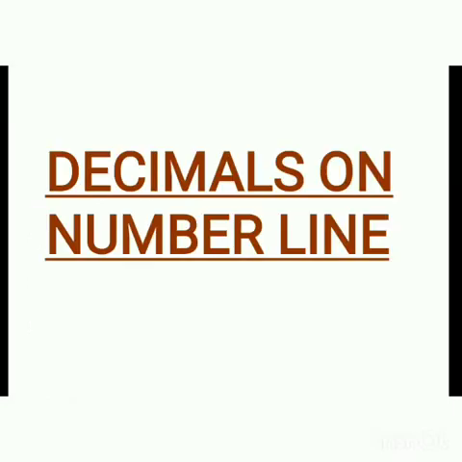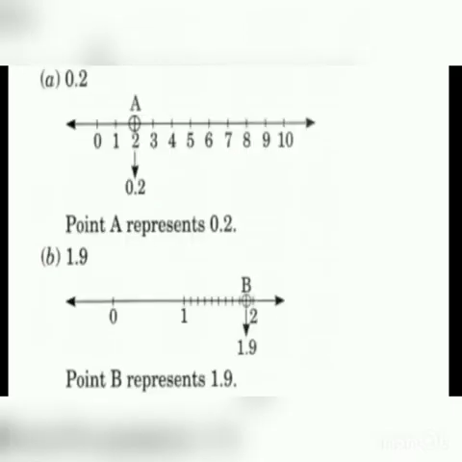Next, how can you represent decimals on a number line? You know what a number line is. You have studied how to represent fractions and integers on a number line, isn't it? Next, we'll see how to represent decimal numbers on a number line. First question, 0.2. When you get a decimal number and want to mark it on a number line, it depends upon the whole number part. Here, what is the whole number part? 0, isn't it? 0.2 means the whole number part is 0.